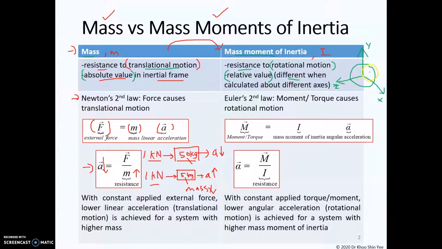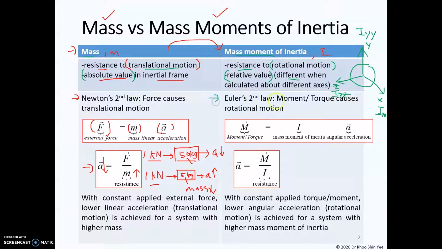For example, in this case, we have a thin disk where you have x-axis, y-axis, and z-axis here. So if you measure the mass moment of inertia in the y direction here and compare with the z direction and compare with the x direction, you may obtain different values for different axes.